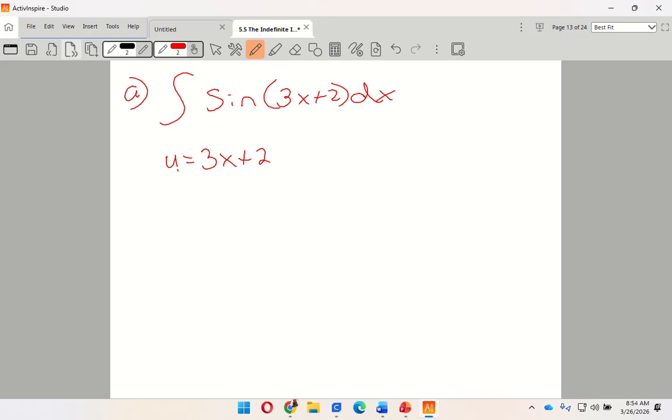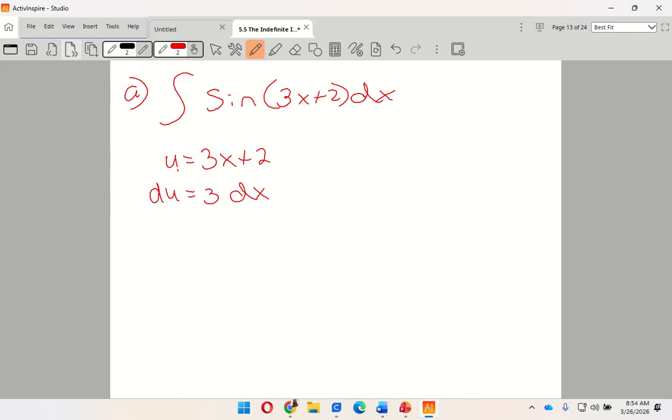Using substitution, I'm changing the problem by taking the derivative of this. So the derivative of that is going to be du is equal to 3 dx. Now, you notice you have to write both the du and the dx down. Have to.